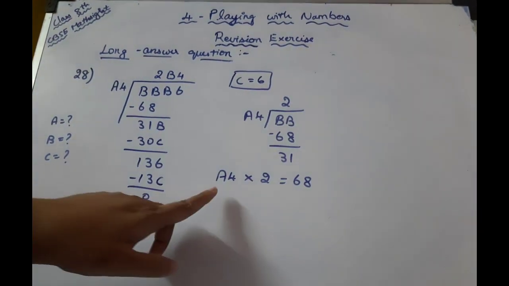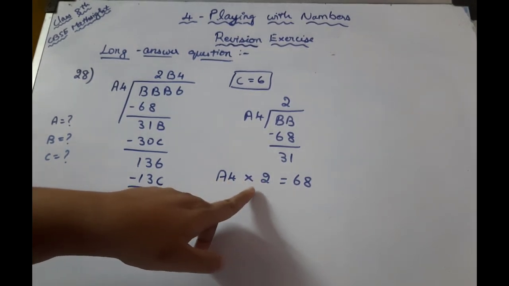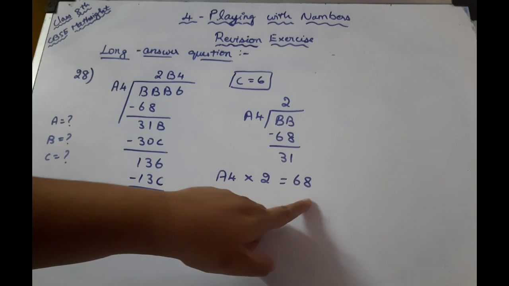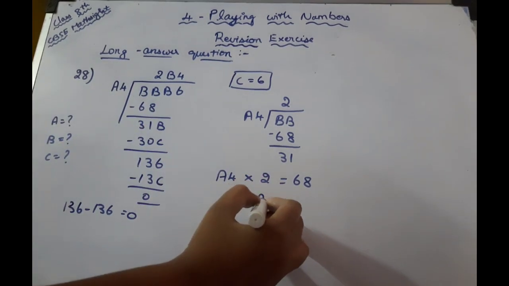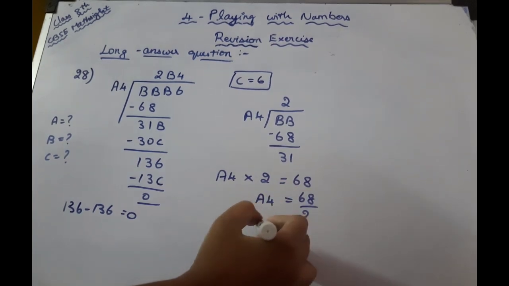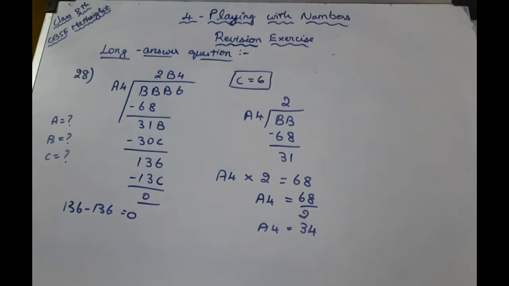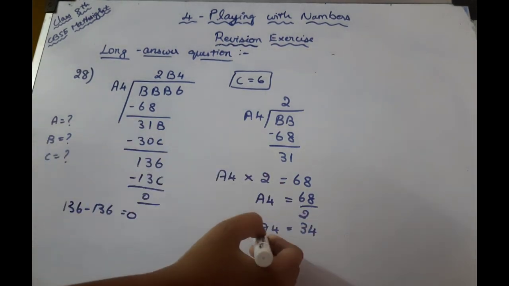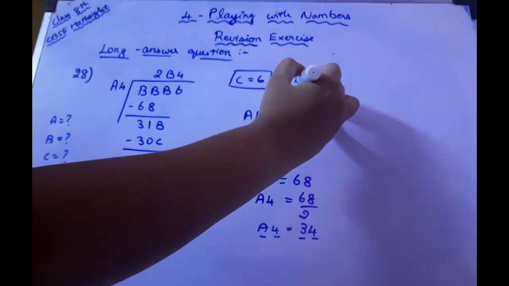In order to find the value of A, we have to take 2 to the other side. When 2 is in multiplication, when it goes to the other side, it becomes division. So A4 is equal to 68 divided by 2, so A4 is equal to 34. So from here we can see A is 3, 4 is nothing but 34, from which we can conclude A is equal to 3.